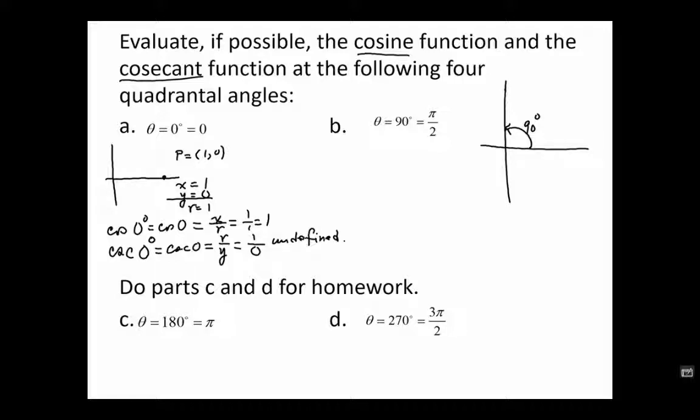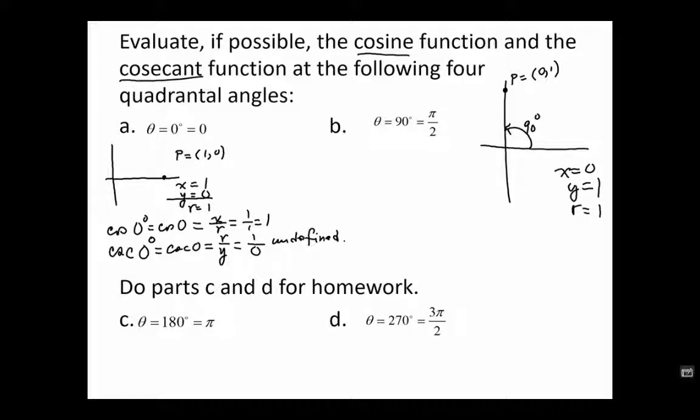Point P on the terminal side would have the coordinates 0, 1. So in this case, x is 0, y is 1, and r is 1.